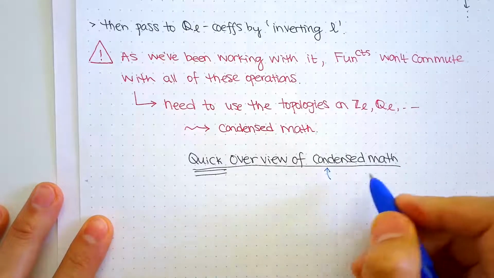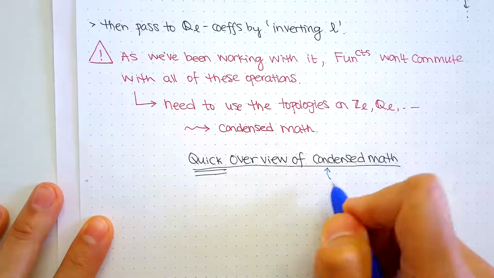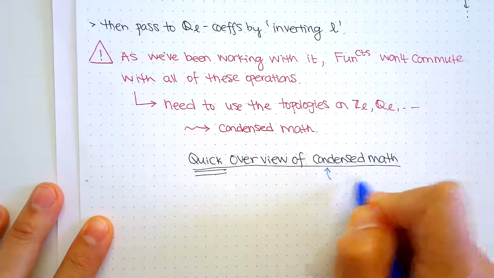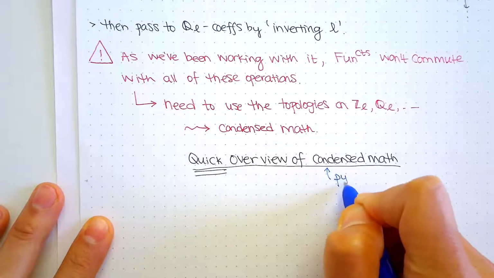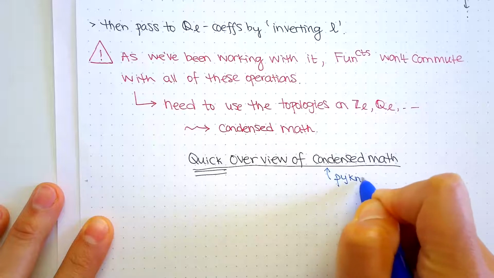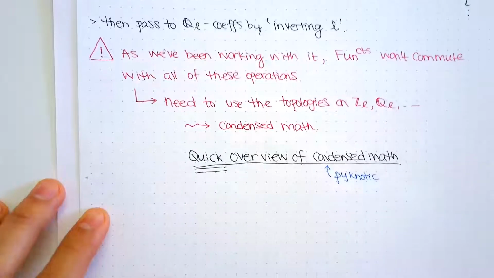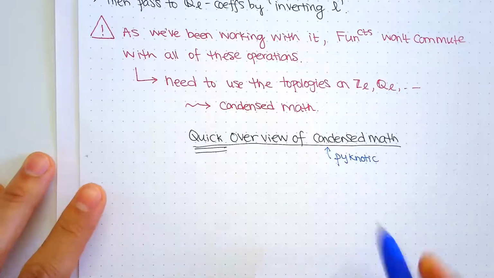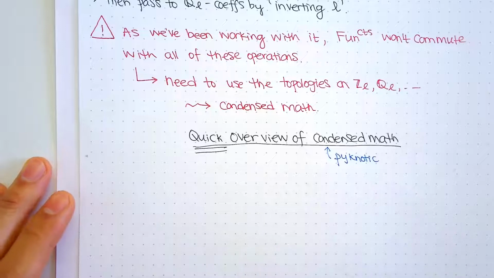Clark Barwick and I treated them in a somewhat different way than Peter Scholze and Dustin Clausen, and the name we use for this is ℓ-adic, which is basically, as far as I understand, some Greek word that essentially means the same thing. It's used in biology to mean something very similar, apparently.